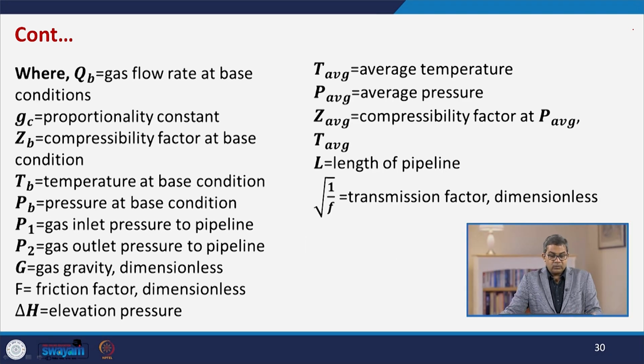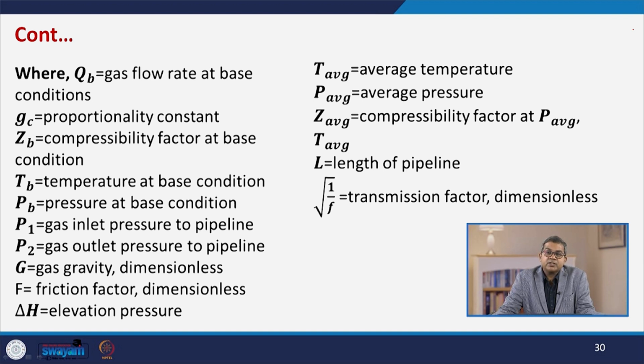Now, as far as the notations are concerned, QB is the gas flow rate at base condition, GC is the proportionality constant, ZB is the compressibility factor at base condition, TB is the temperature at base condition, PB is the pressure at base condition, P1, P2 are the gas inlet and outlet pressure in the pipeline, G is the gas gravity which is dimensionless, F is the friction factor, again dimensionless, delta H is the elevation pressure.